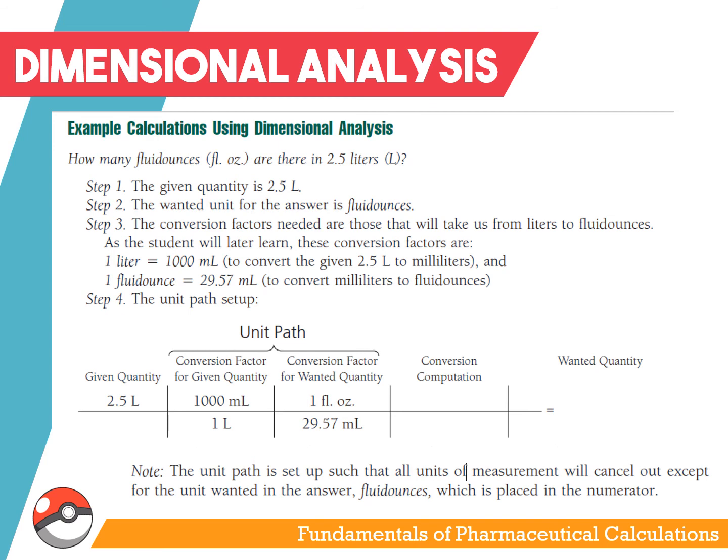So after identifying those, we set up the unit path. So we have the given quantity, which is 2.5 liters. And we have the conversion factors of 1 liter is equal to 1000 ml, and 1 fluid ounce is equal to 29.57 ml. So let's take a look at this part here.